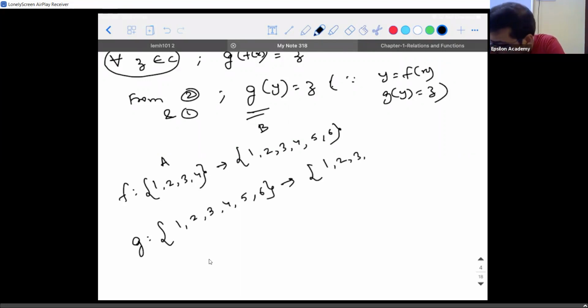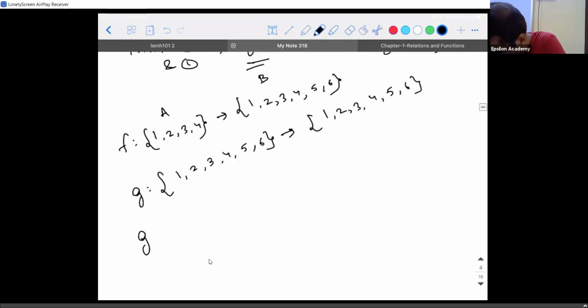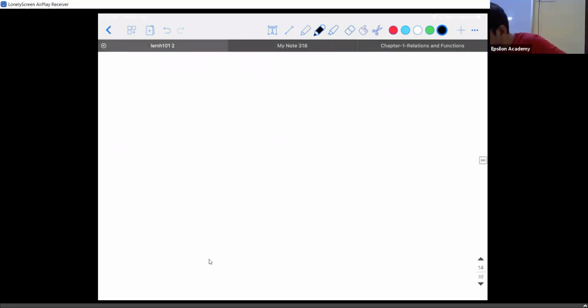He has taken the other set also to be 1, 2, 3, 4, 5, 6. Now they told g circle f of x is 1 to 1. Correct?